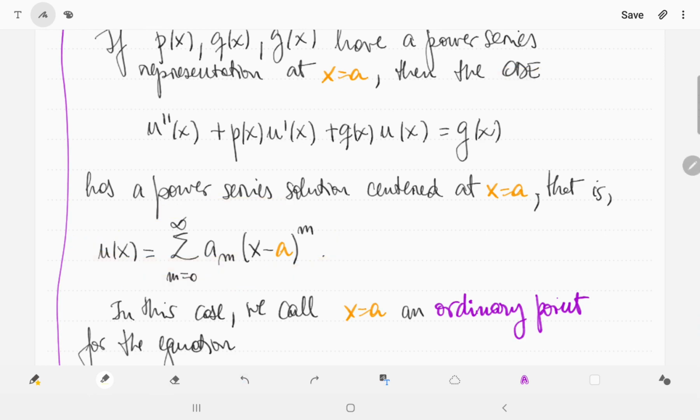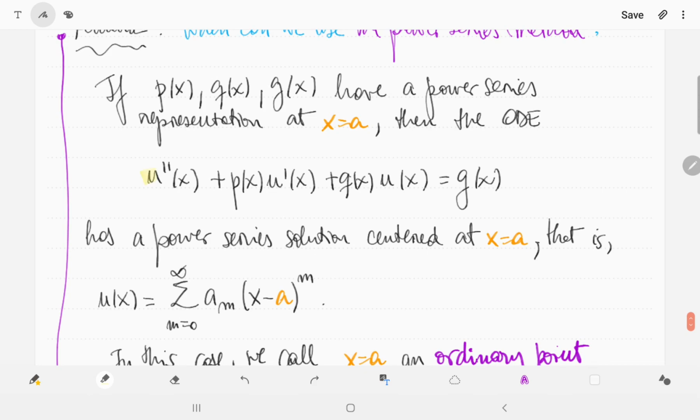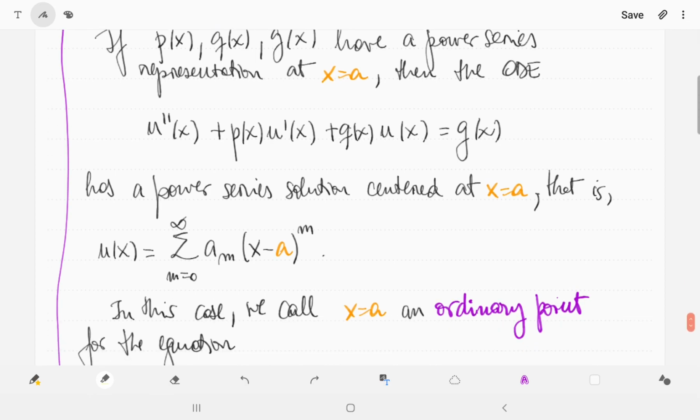If we have, for instance, this ODE, and the coefficients are functions, but they admit a power series representation, then we know that we can assume that we have a solution which is a power series in the same center as these three functions. You can check that our example verifies that.